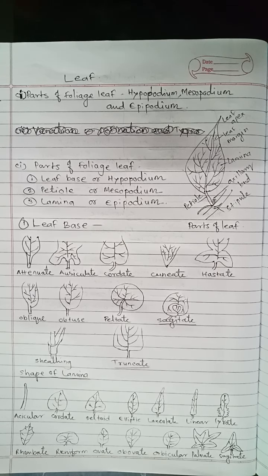Then oblique, the two halves of the leaf are unequal. Ovate, margins curved, widest near the base. Reniform, kidney shaped.